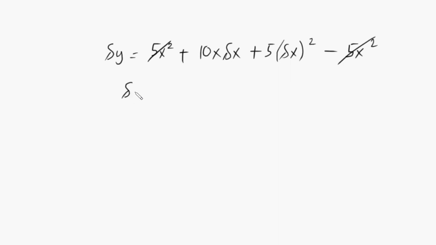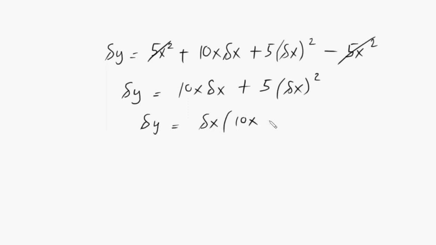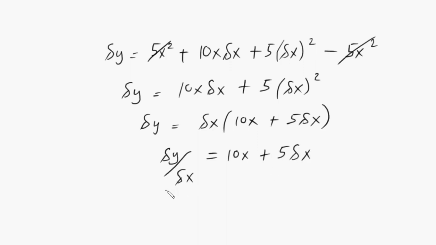So I just stay with delta y equals 10x delta x plus 5 delta x squared. So I can just factor out delta x. Kwa hiyo itakuwa ni delta x times 10x plus 5 delta x. So nikigawanya na delta y huku na delta x huku, nabaki na 10x plus 5 delta x. Kwa step 1 nishaipata hiyo.